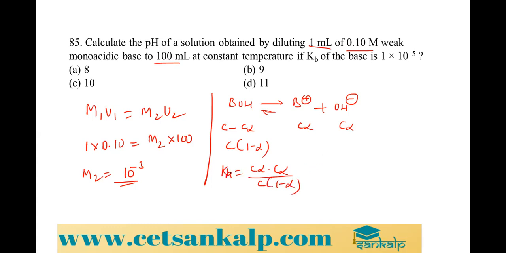So we know, for Kb we are just putting Kb is equal to C into alpha square.